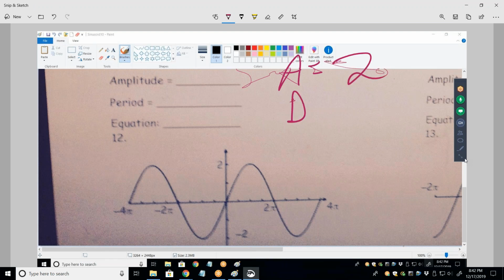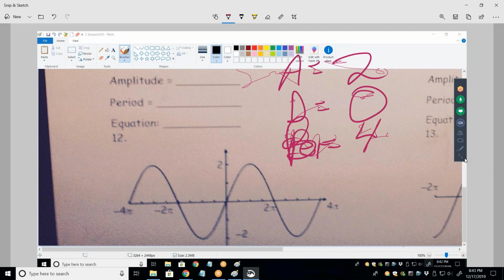What's D? D is the vertical shift. Okay. What's the period? Let me write it like that.